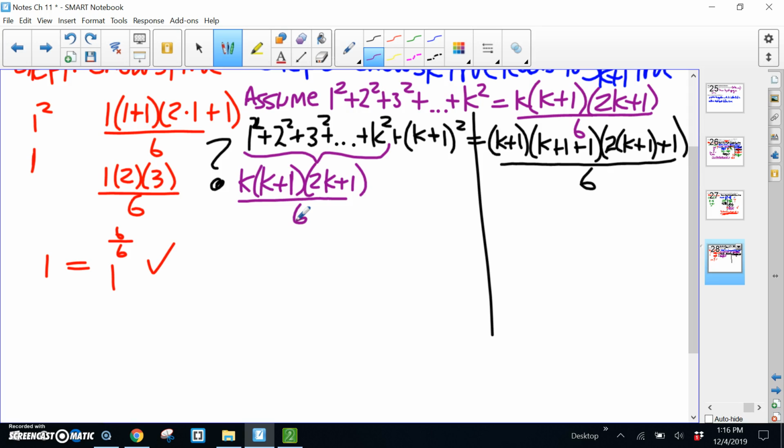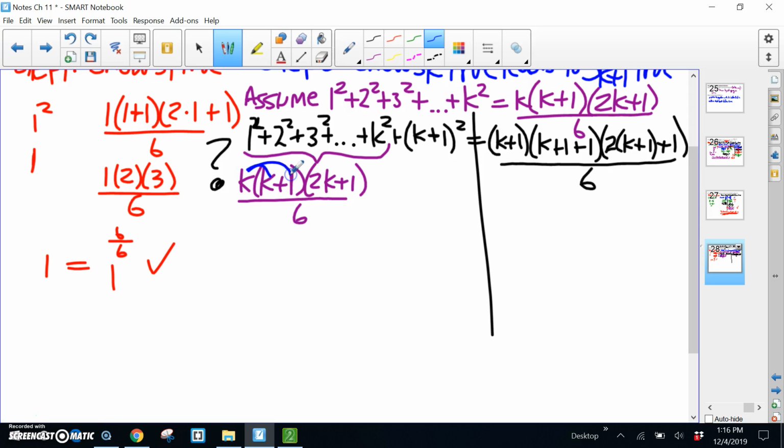All I did was a substitution, substitute the part that we know is true, that we assumed was true, into our left side. And you can kind of look at the left, look at the right. You see that maybe they're going to be equal, but we've got a whole lot of algebra to do. We've got some distributive property, we've got some FOIL, all kinds of things that we're going to need to do.